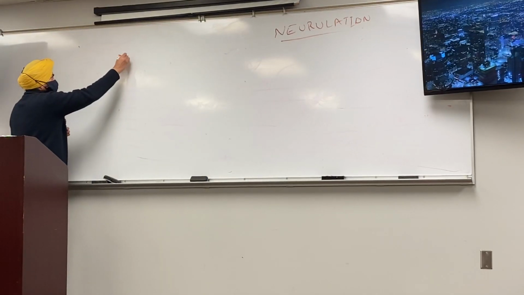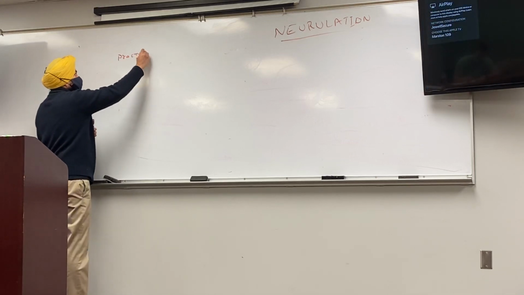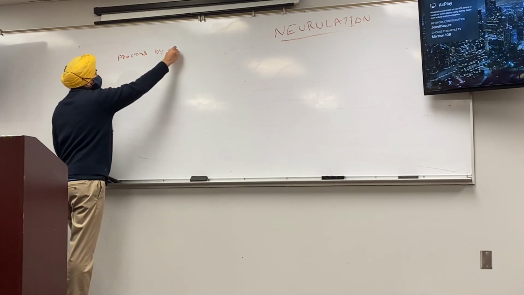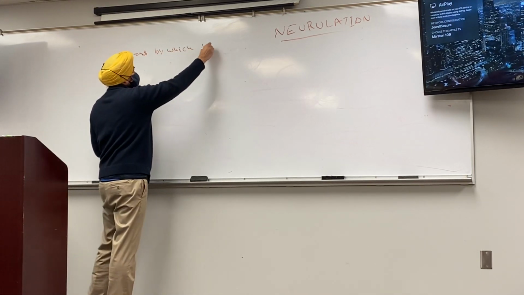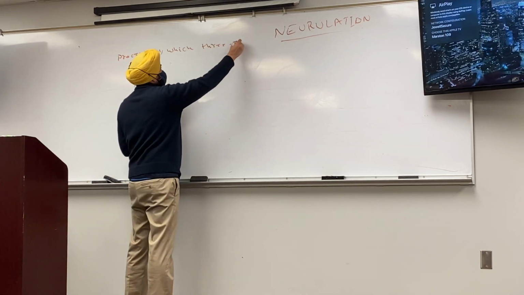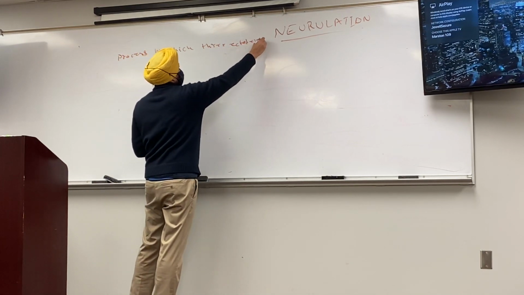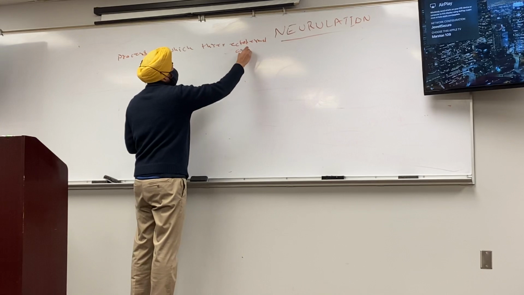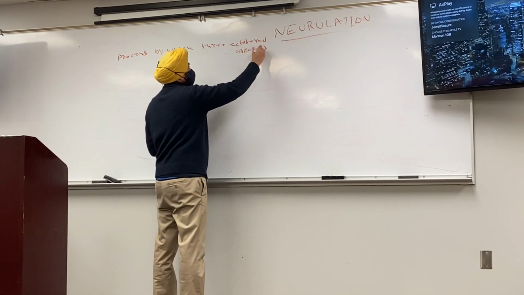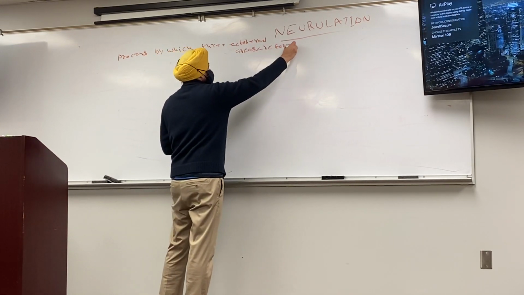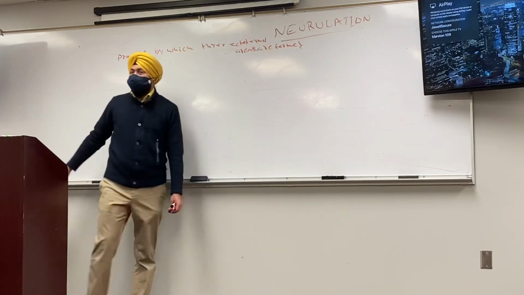Neurulation is the process by which three ectodermal areas are formed. So this process is called neurulation, okay?